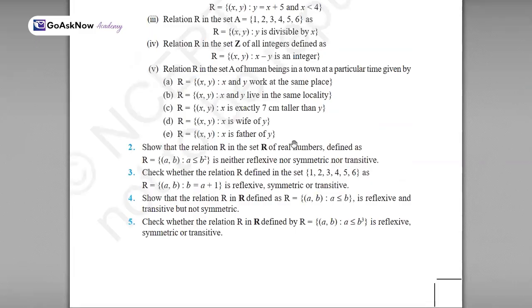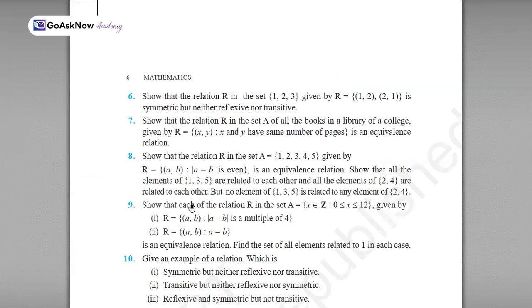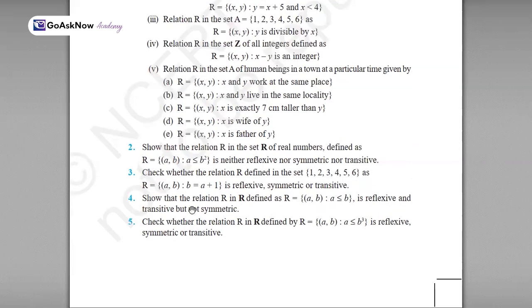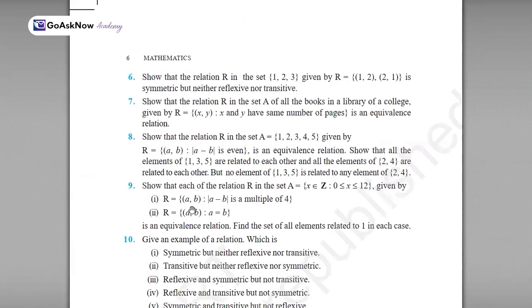I hope that you can now solve some questions like this question two I have told you. So I assume that you can do the rest of question three, question four, question five. These are all similar questions. And six is also like that.